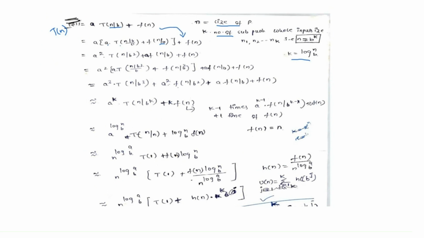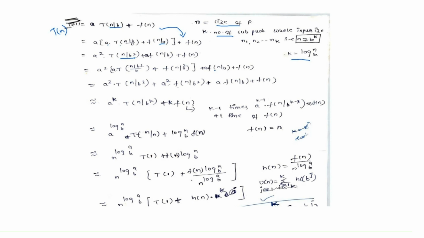So this becomes a squared T(n/b squared) + a·f(n/b) + f(n). Now observe here, in place of n I am having n by b squared. So again I need to solve it, replace it recursively: a·T((n/b squared)/b) + f(n/b squared), and the remaining terms as it is.